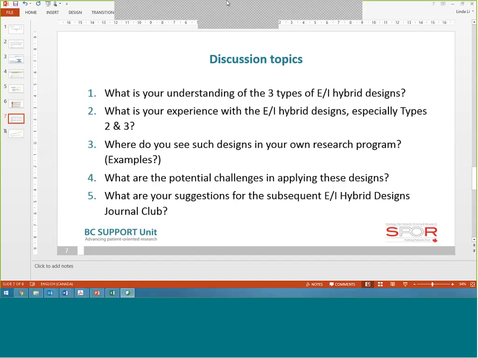My sense is that now more people will start thinking about how to combine effectiveness and implementation evaluation together, and the terminology will start to be more recognized. So I think it's good timing for us to not only learn a bit more about the design, but also think about how to move the field forward, especially for us doing research in BC.